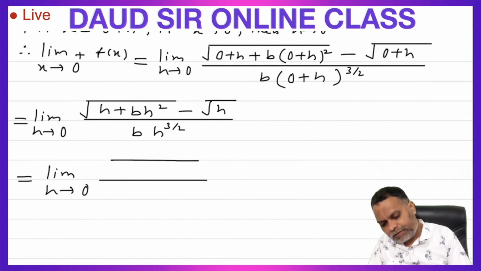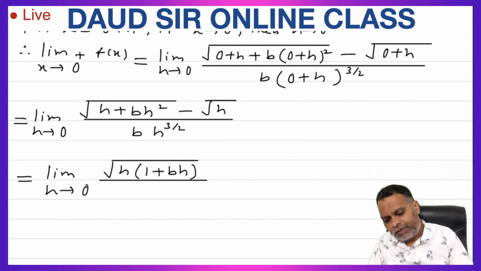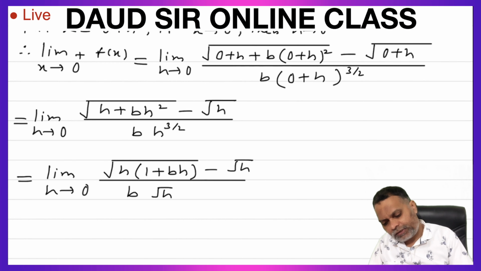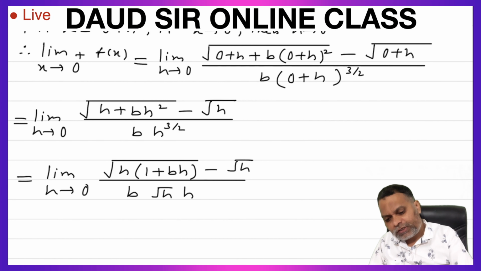Here take h common, under root h into under root 1 plus bh minus 1, upon b, and this h raised to 3 upon 2 can be written as under root h into h. Take out this under root h common from numerator.